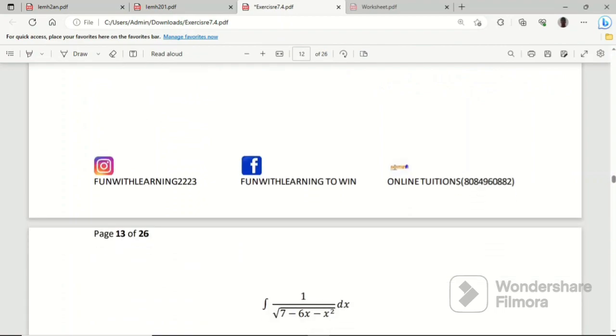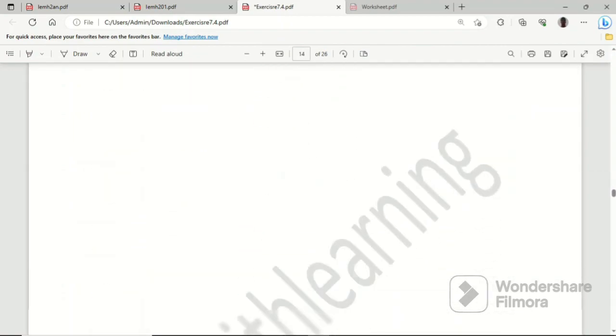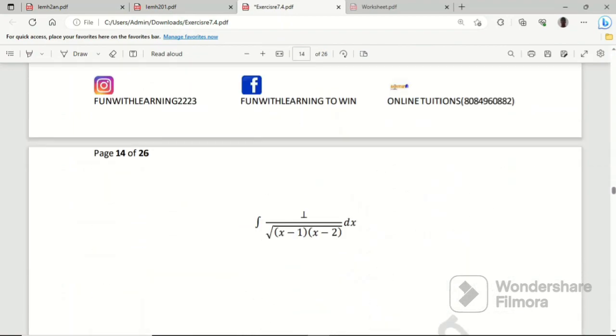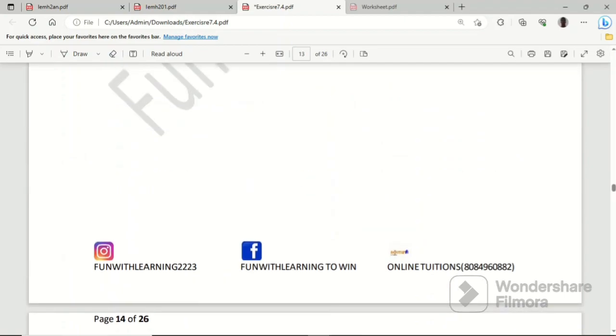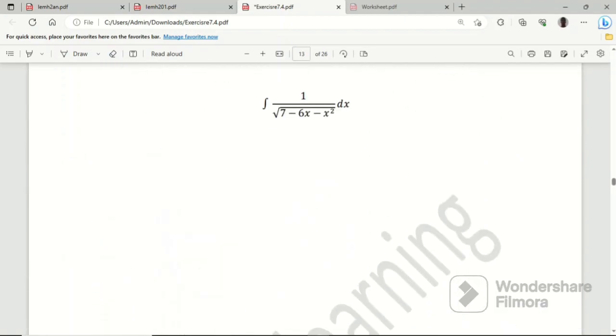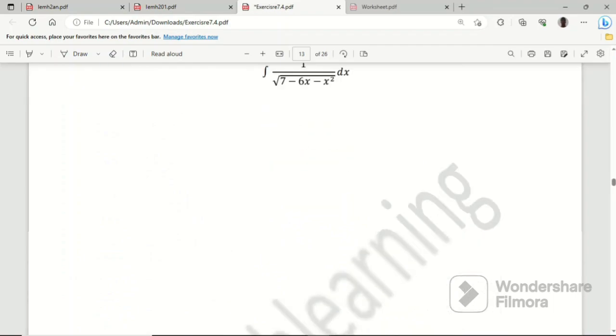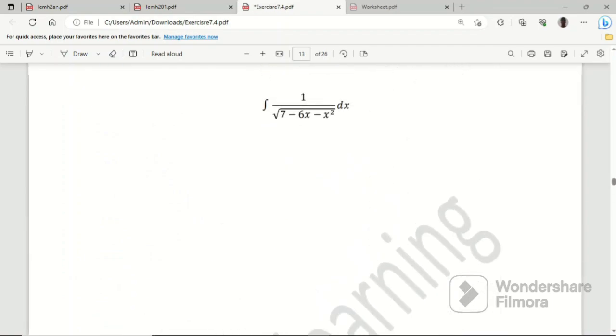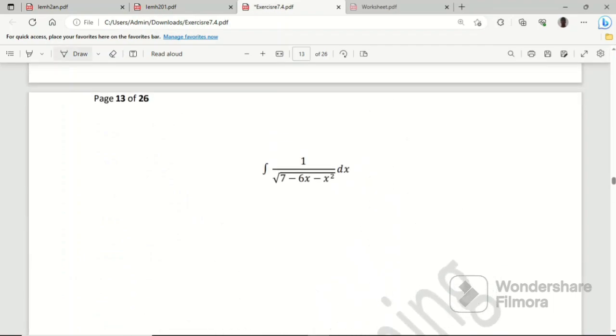Twelfth number is again the same quadratic equation. What we'll do, we'll try to convert this quadratic equation again into the required expression. So we have the quadratic equation 7 minus 6x minus x square.